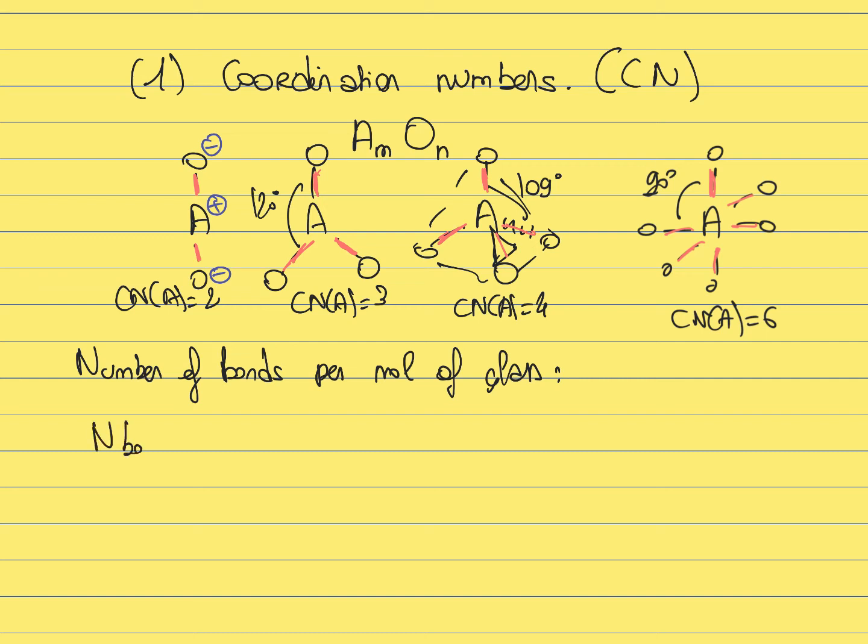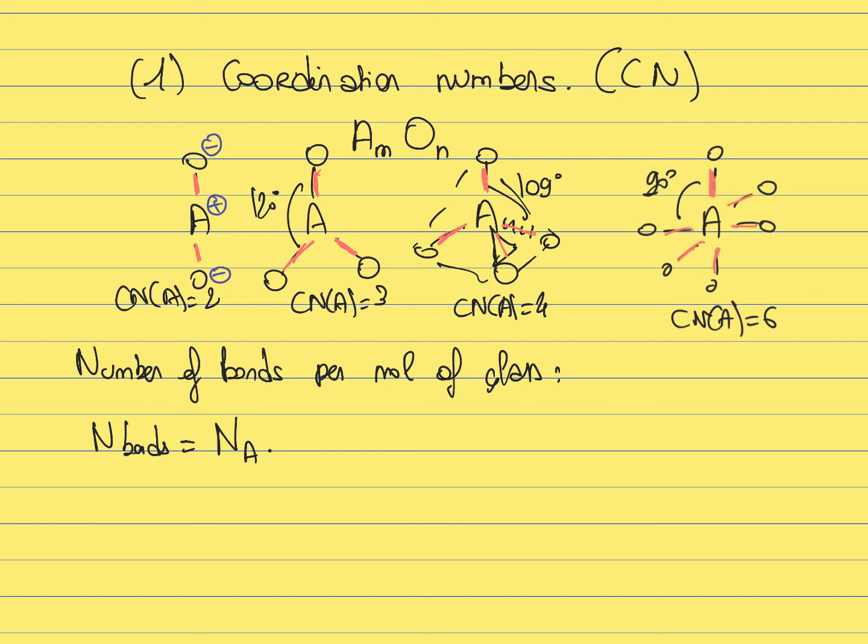So the number of bonds, I can find it like this. I can count the number of bonds by first counting how many cations I have. So what is the number of cations? And then I can multiply this by the coordination number of the cation.